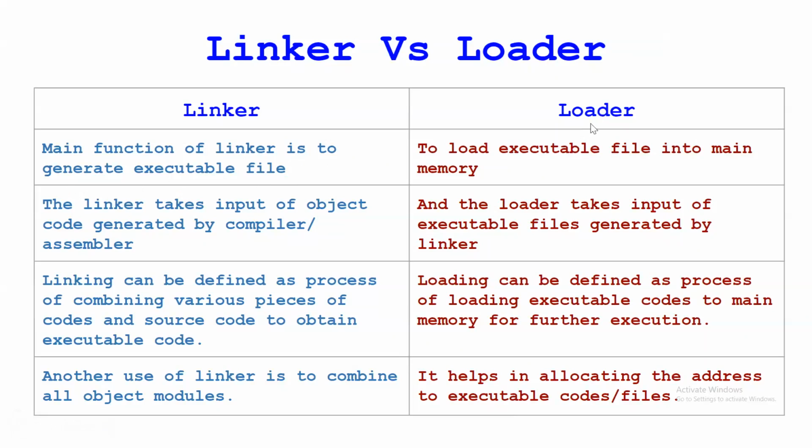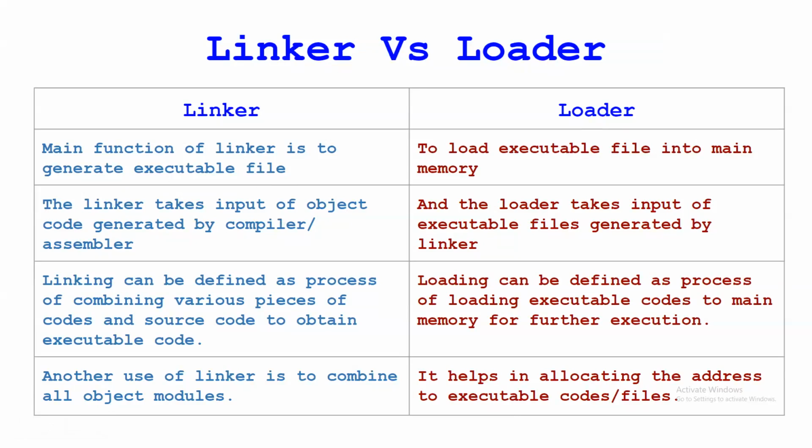What is the function of the loader then? To load the executable file into memory. Because once that executable file is created, the next function of the loader is to load that file to the main memory. Now, the linker takes as input an object code generated by the compiler or assembler.